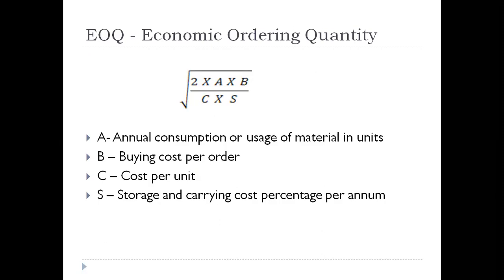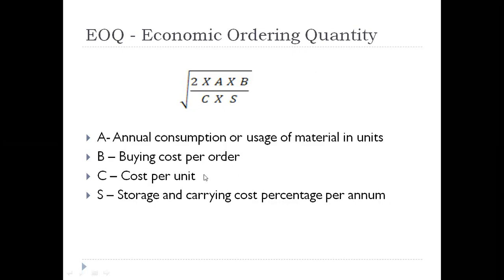So what's the formula? Root of 2 into A into B divided by C into S. A is the annual consumption, 2 is the number, B is the buying cost per order, C is the cost per unit, S is the storage and carrying cost. There is a possibility of the question being asked with a percentage per annum. If the percentage per annum is given, automatically the cost per unit will be given, right? So you have to multiply these two values, so C into S. Sometimes the cost per unit and the percentage per annum will not be given. They are giving only the storage cost and the carrying cost, and the buying cost per order.